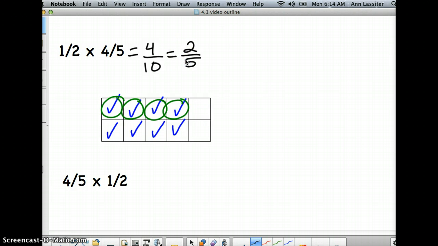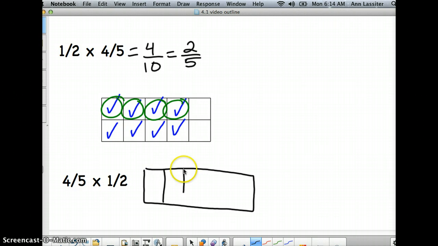I'd also like to look at, because it's commutative, you could do the same problem. I'm going to draw another 2 by 5 rectangle, and I am going to mark half of it with blue checks.